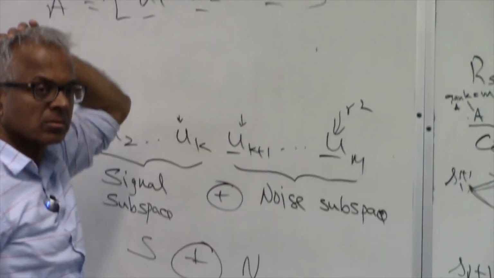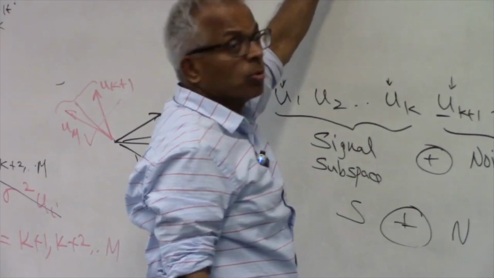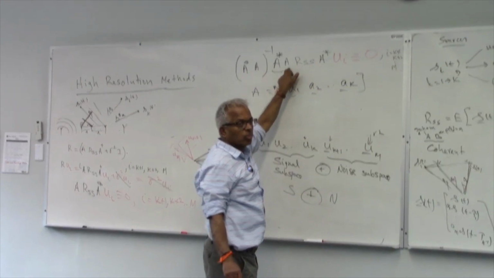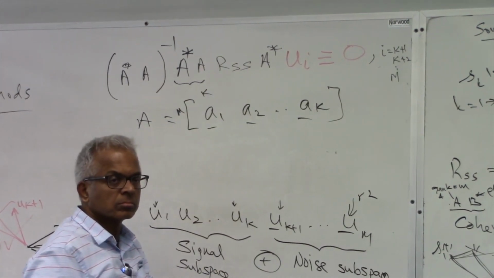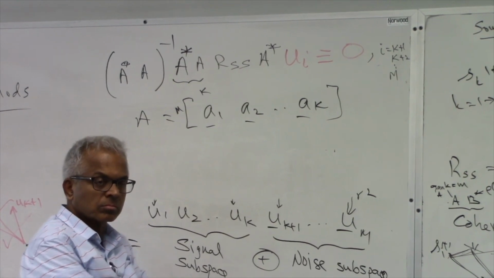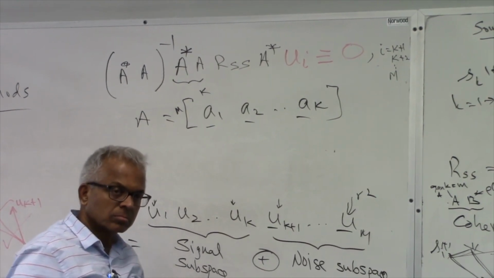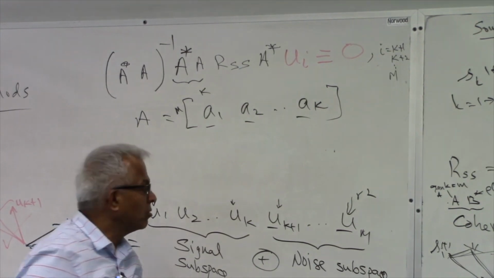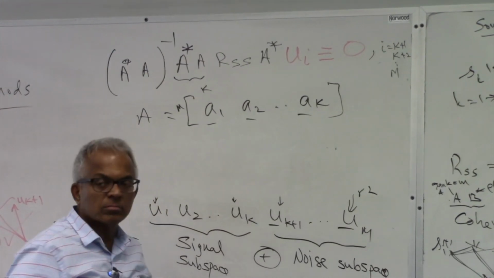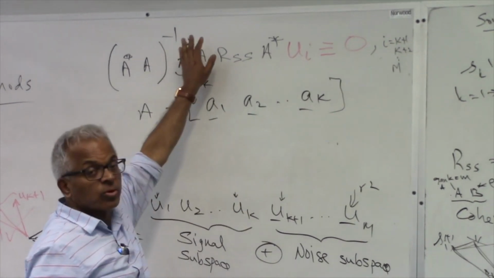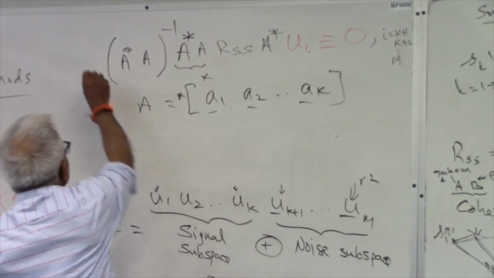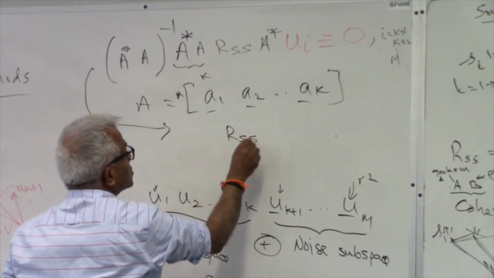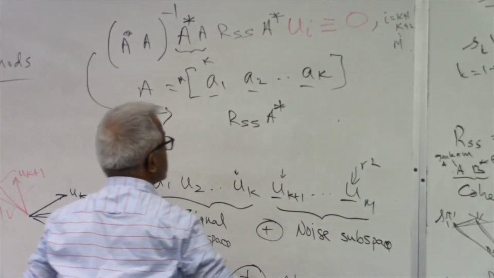And we know that if B is positive semi-definite, then B x star being 0 gives you that Bx is 0. Oh no, my argument is wrong. So you need this to be full rank, which it is. So we can get rid of that. So this now reduces to R_SS A star ui equal to 0.